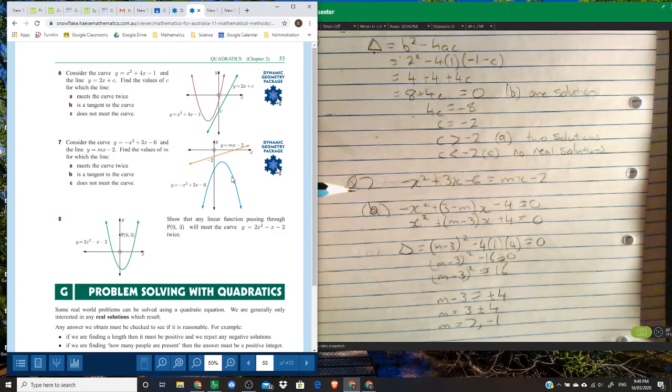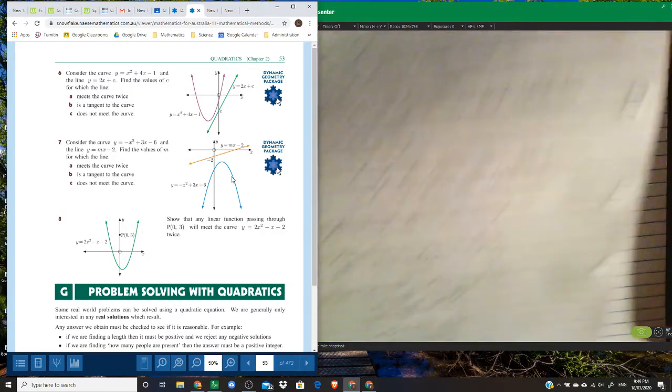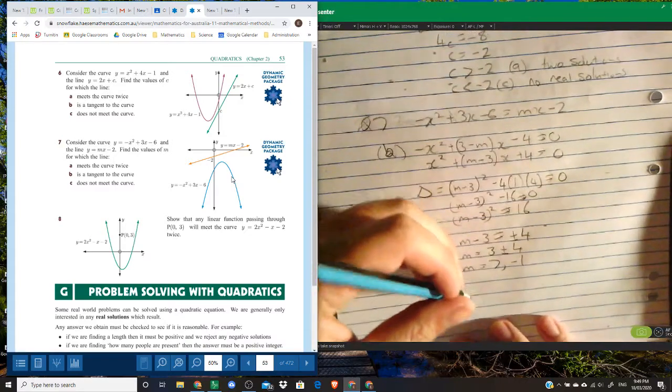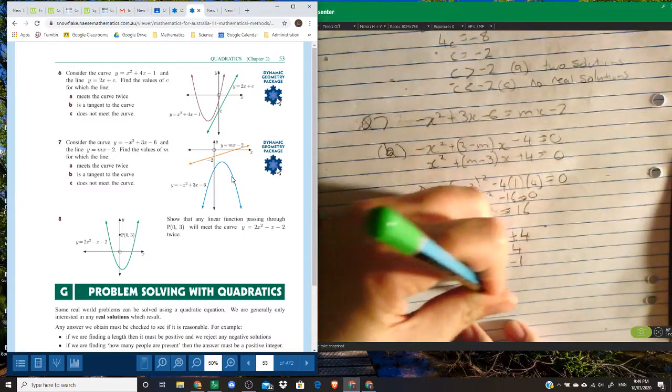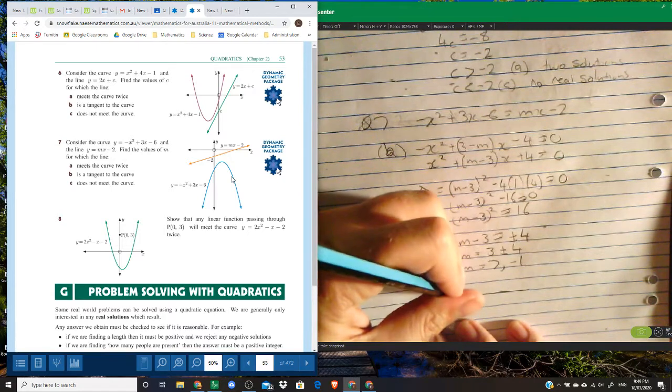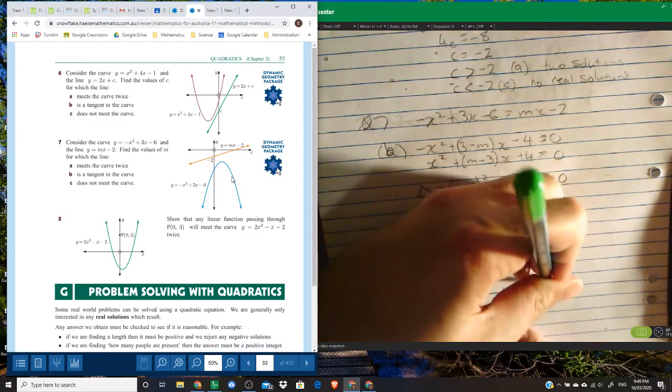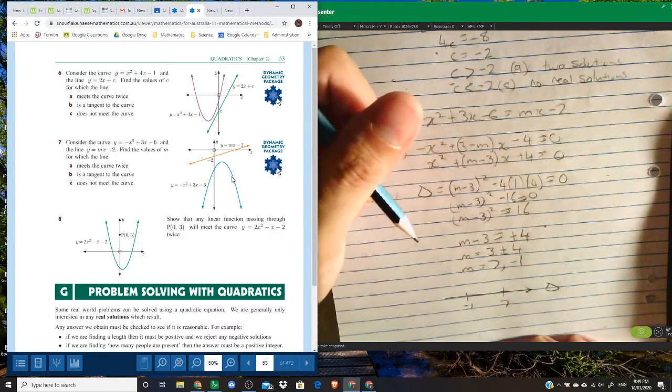Outside that, okay, so maybe we just draw a sign diagram for m. So we're doing a sign diagram of the discriminant. So we've got 2 zeros of the discriminant, which are minus 1 and 7. Let's talk about the discriminant in terms of a sign diagram.